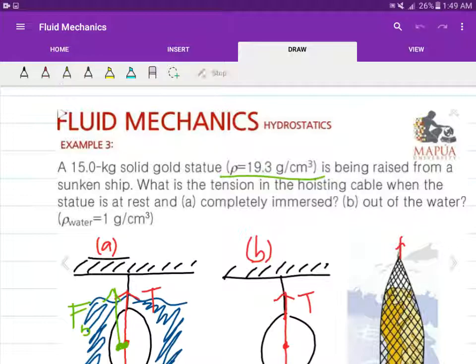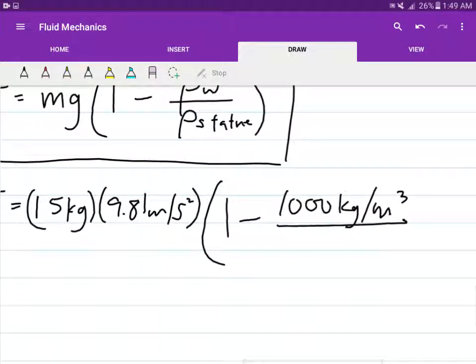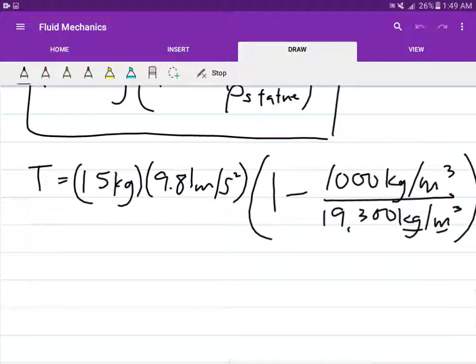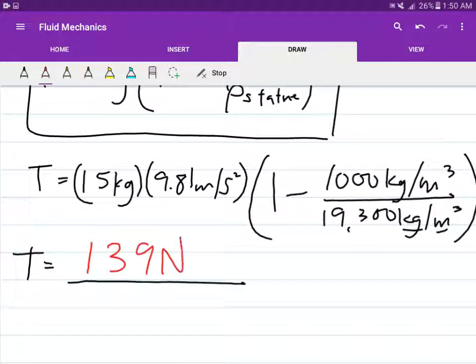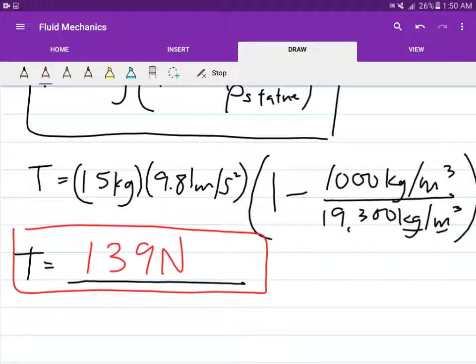So this is 19,300 kilograms per cubic meter. So this is already converted into kilograms per cubic meter. So if you would try to solve, put in your calculators here, you would get a value of 139 newtons. So this is if submerged in water.